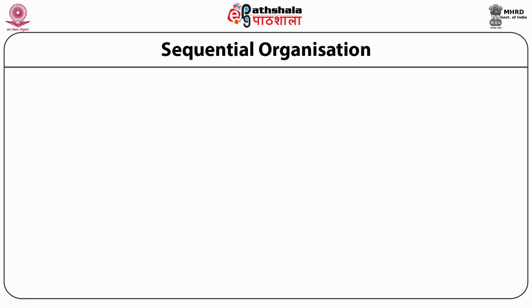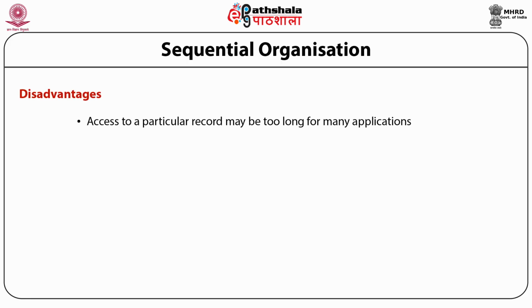However, there are certain shortcomings with this kind of sequential organization. In sequential organization, if we take disadvantages, we see access to a particular record may be too long for many applications.